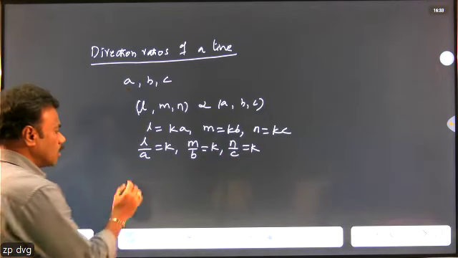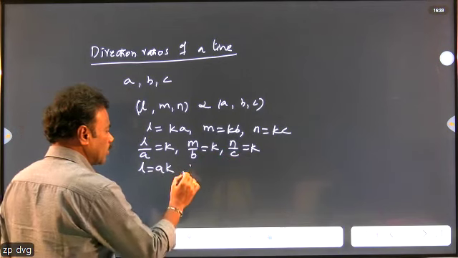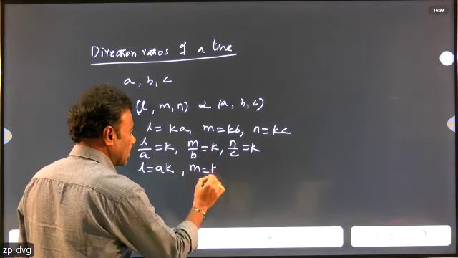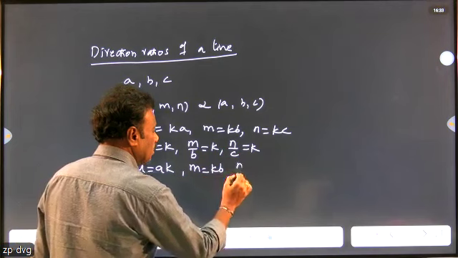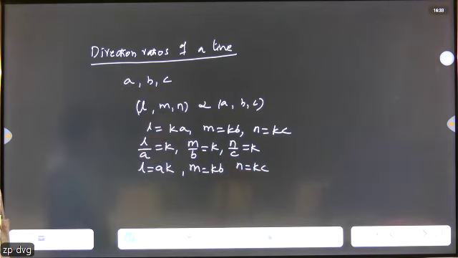Now l is equal to ak, m is equal to kb, and n is equal to kc.